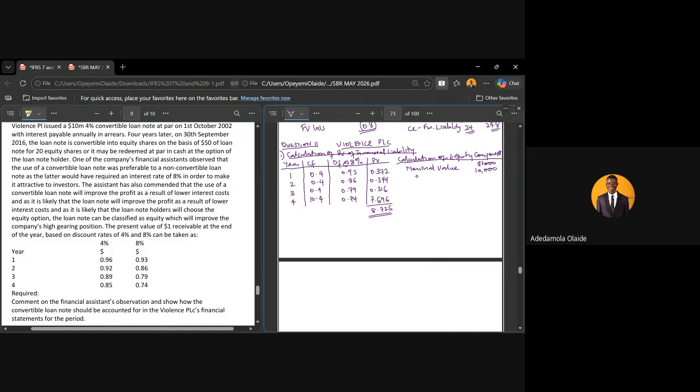That will be 10,000 less the present value of the financial liability. The present value of financial liability will be 8,000, 8,725, no, 8,728. So this equity portion is 728K.